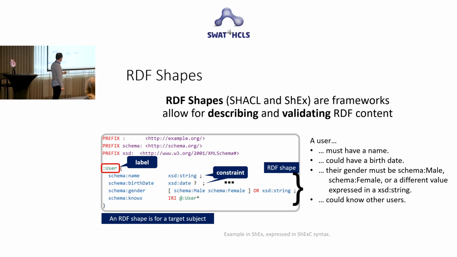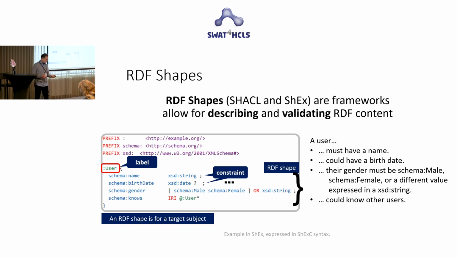Also their gender must be schema male, schema female, or a different value expressed as a string here. And they could know other users. This is the at mark. The at mark means the label of another shape.